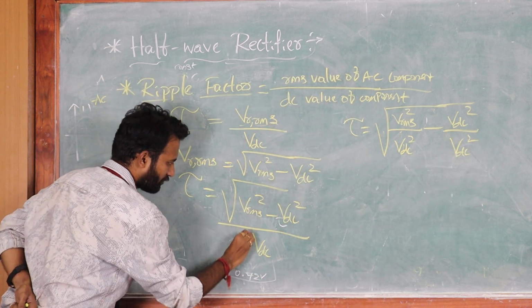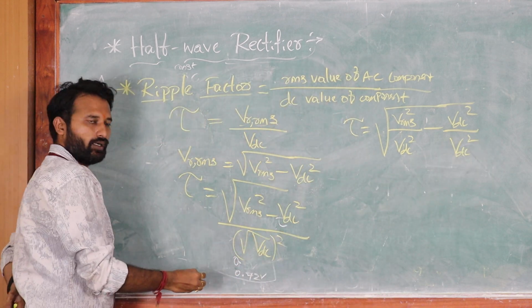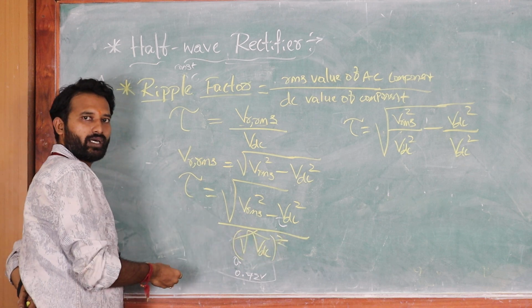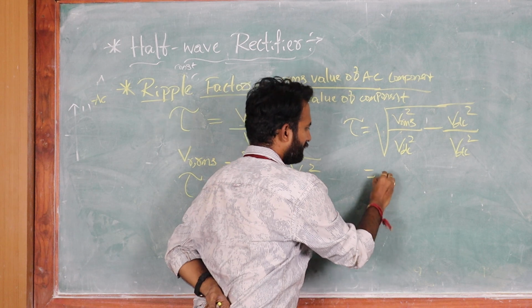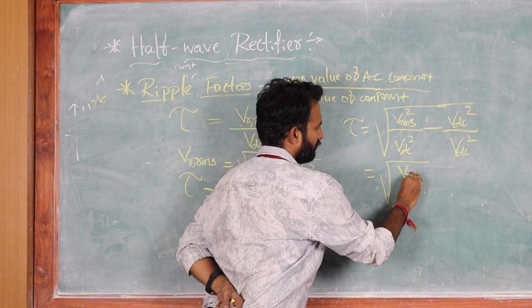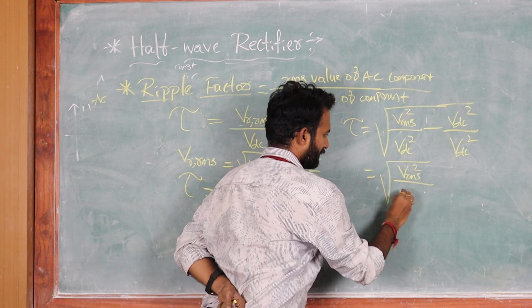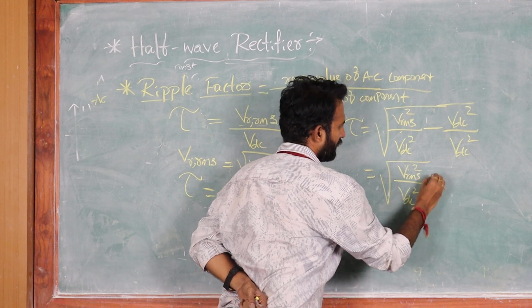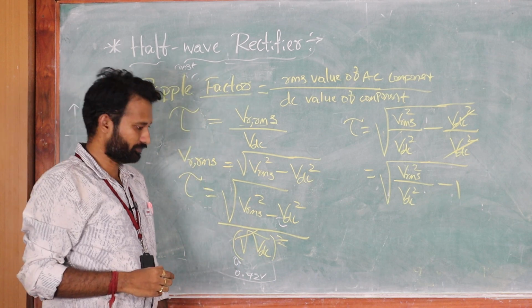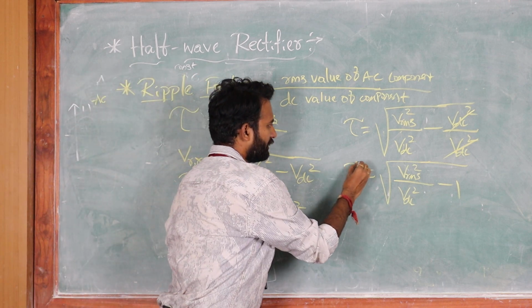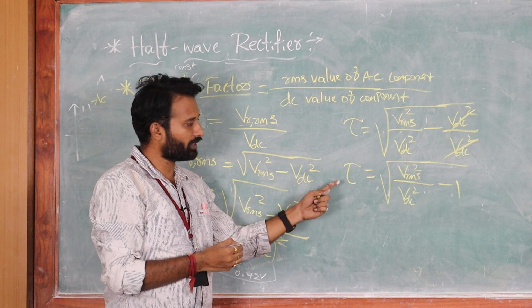This can be written as the square root of the whole square, so the square root and square will get cancelled. Finally I will get the square root of (V_RMS divided by V_DC) whole square minus 1.